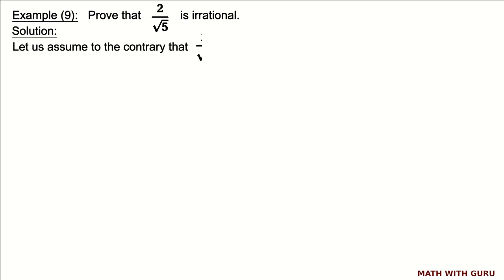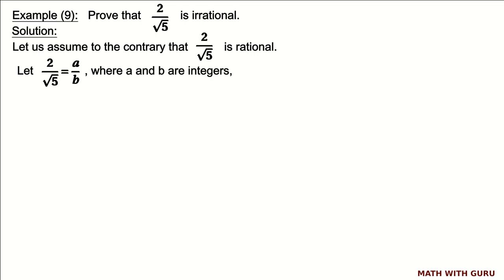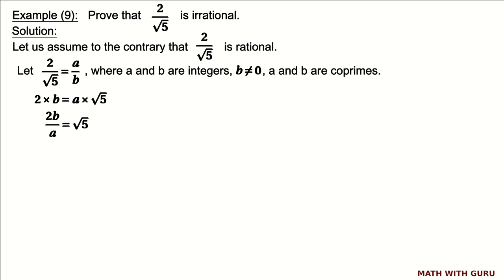Example 9. Prove that 2 over root 5 is irrational. Again, let us assume that 2 over root 5 is rational. Let 2 over root 5 equals a over b. On cross multiplying, we get 2 into b equals a into root 5. 2b over a equals root 5, which implies root 5 equals 2b over a.